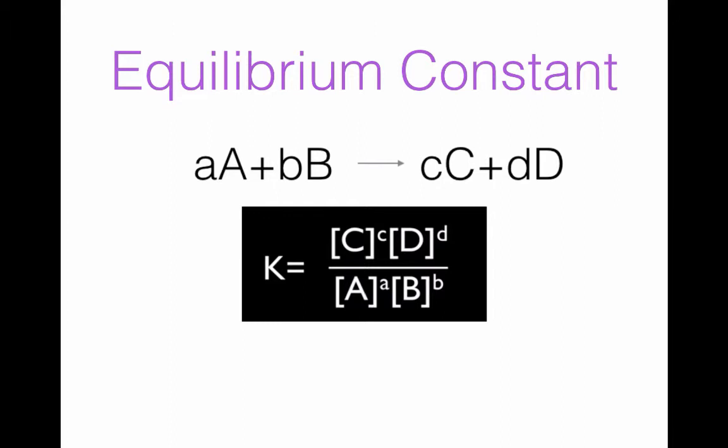So in this case, it will be the concentration of C raised to the lowercase c power and the concentration of D raised to the lowercase d power, divided by the concentrations of the reactants: capital A to the lowercase a power, capital B to the lowercase b power.